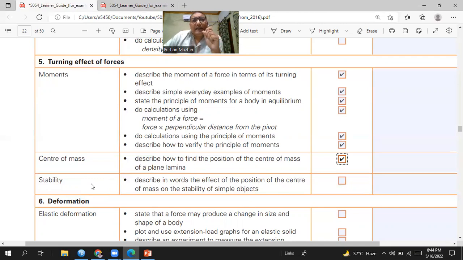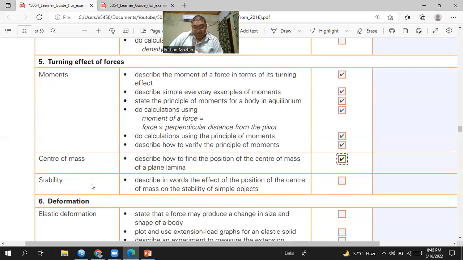Another very important point in the stability question is that whenever a figure is given to you, for example, you remember that very famous figure of a tractor, and another question was of a bus which was tilted, and you have to decide whether this will fall or not fall.